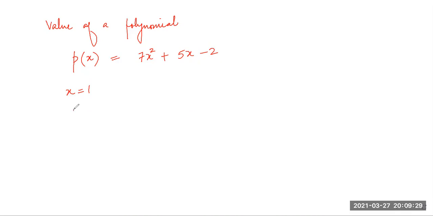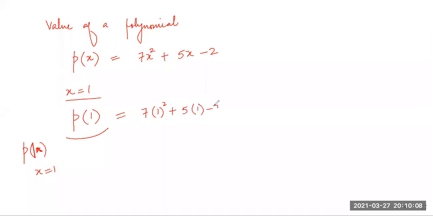It's written as p of 1. Remember that. p of 1 means the value of the polynomial p of x at x equal to 1. So what is p of 1? Simply put the value for x as 1. 7 times 1 squared plus 5 into 1 minus 2. That is equal to 7 plus 5 is 12 minus 2 is 10.